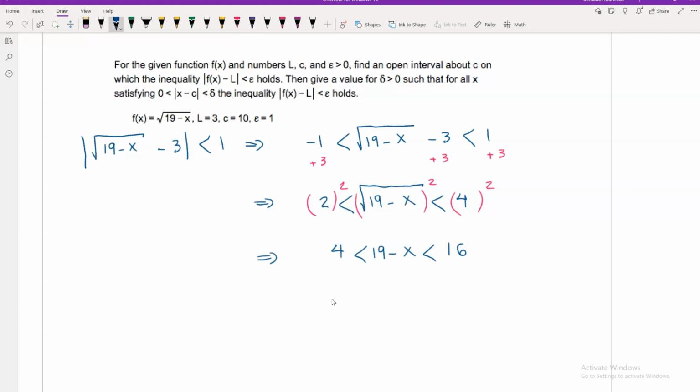Now solving for x. So subtracting 19. And finally divide by -1.